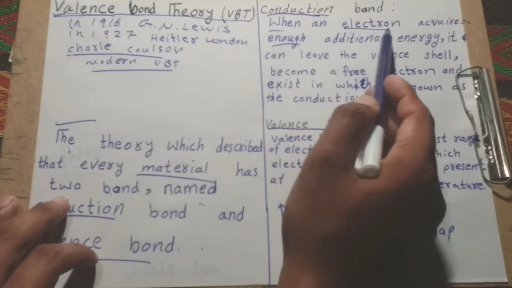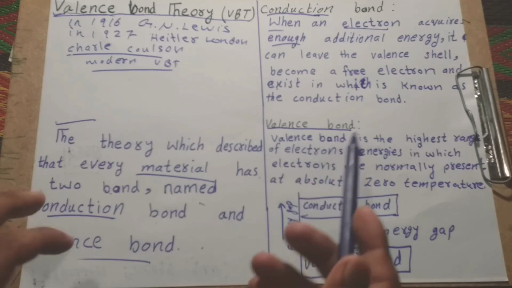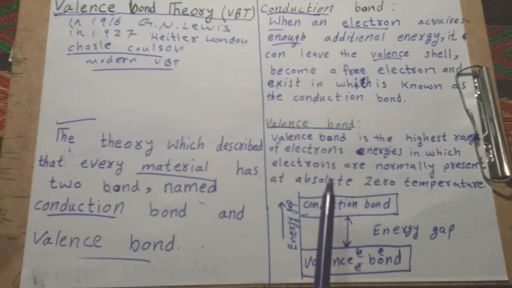It means the electrons get energy for leaving the valence shell. Valence shell means the outer shell. Only the outer shell, the valence shell, is used by atoms to share electrons.